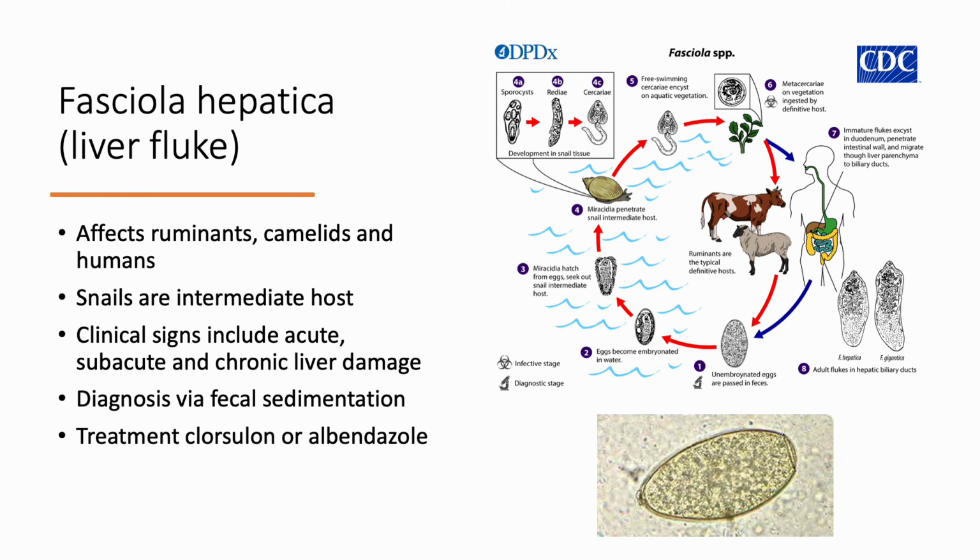When a cow or a sheep or a goat becomes infected, they often have liver damage, so they might appear icteric, have a poor appetite, lethargy, and weight loss. The diagnosis is via sedimentation. These flukes and their eggs are pretty big, and so they're not going to float. We're going to find them at the bottom of the tube after centrifugation in a sedimentation procedure. Treatment is clorsulon or albendazole.